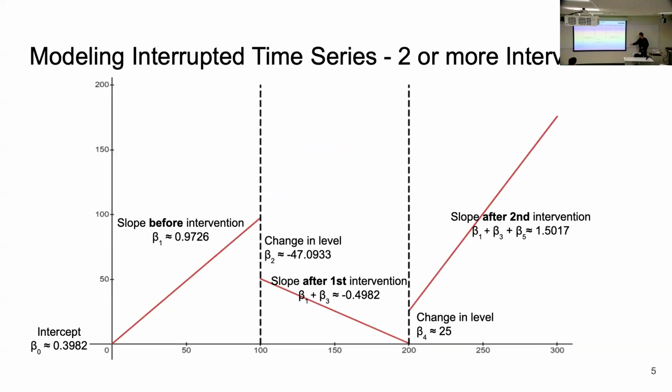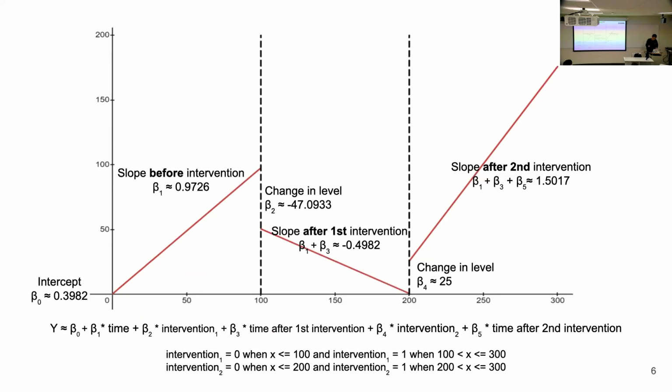I guess most of us would understand that you can have one intervention, you can have multiple interventions, and all of the coefficients could be modeled, and no matter how many interventions happen, you would just have a very complicated model with many coefficients. And here are the numbers you will plug in.